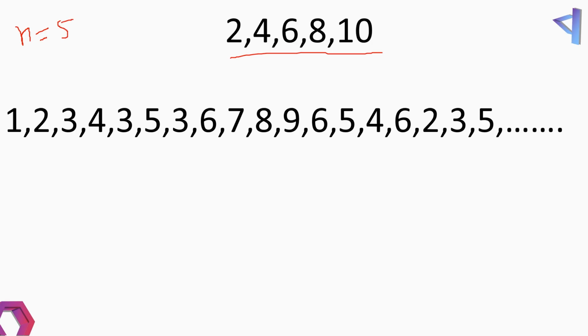We use the formula n plus 1 by 2, which is equal to 5 plus 1 divided by 2, 6 by 2, which is equal to 3. This 3 means the third term of this series is the median. This is the first term, this is the second term, and this is the third term. So 6 is the median of this series.